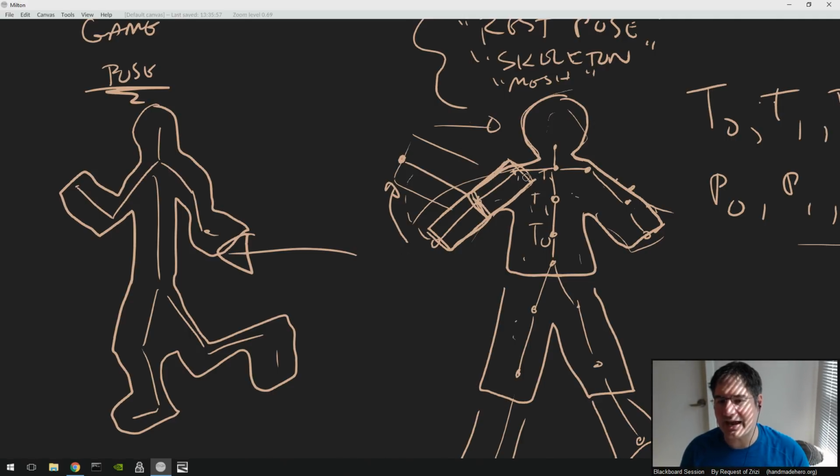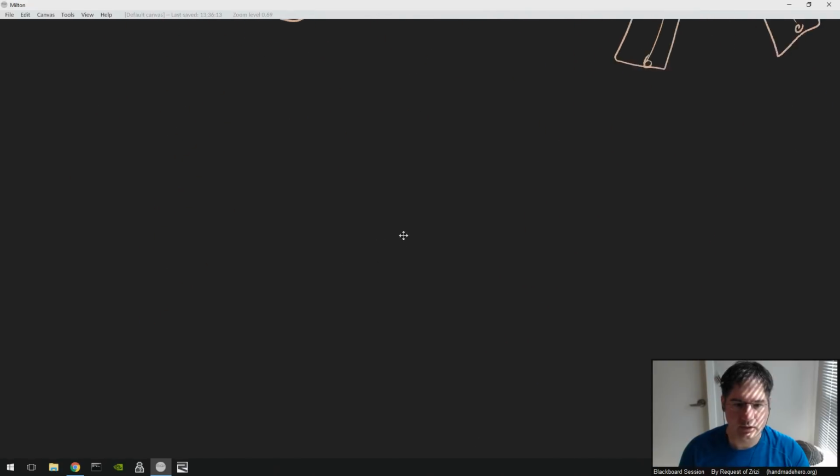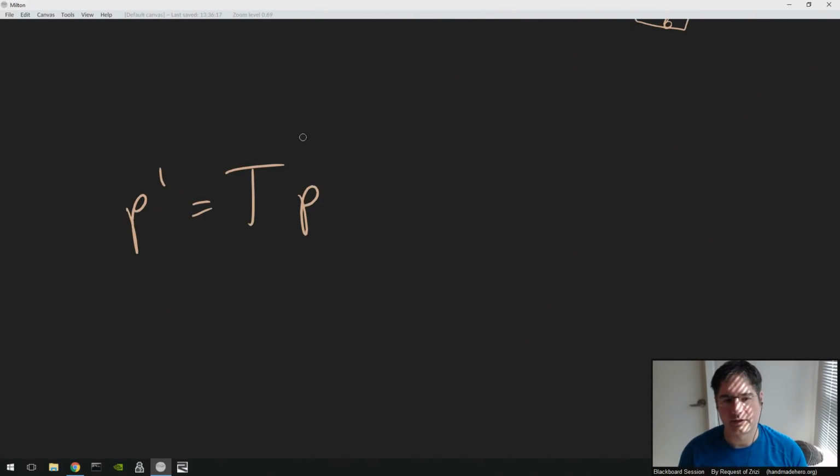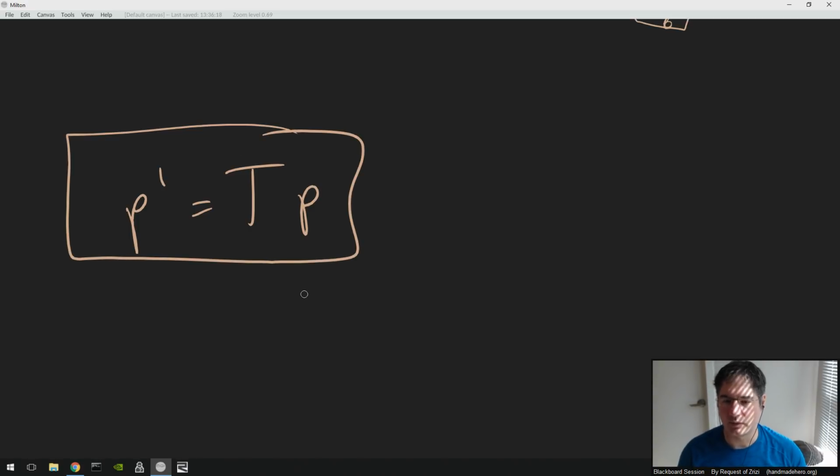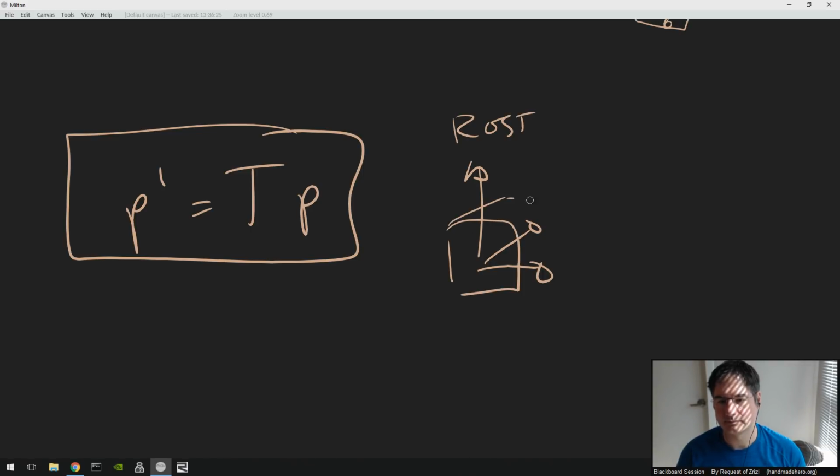And if we assigned every vertex to a particular bone, what do we know about how we would store that vertex, right? Well, what we know is what I wrote before. This is our fundamental equation. What does it do? Well, it starts in a rest space, right?